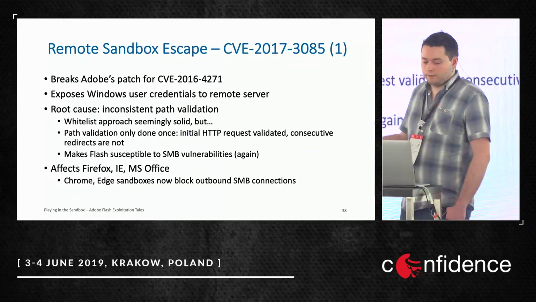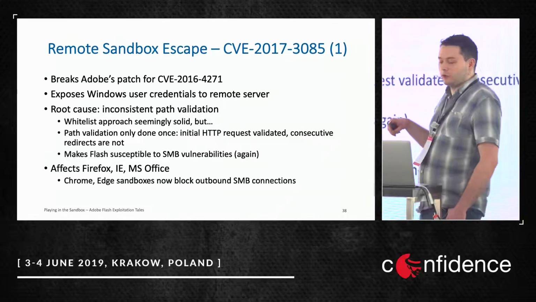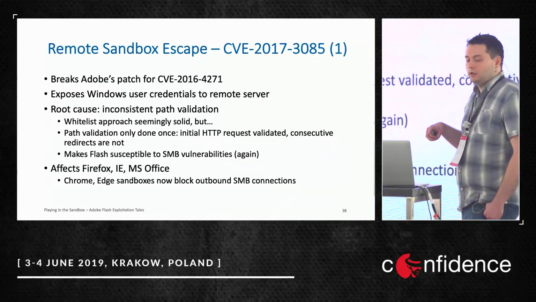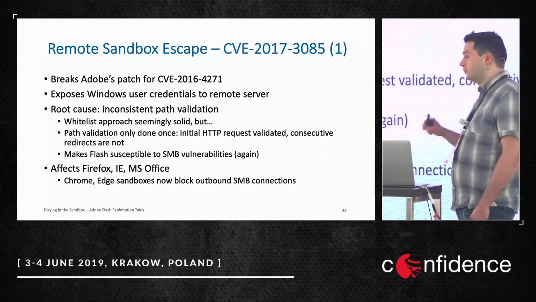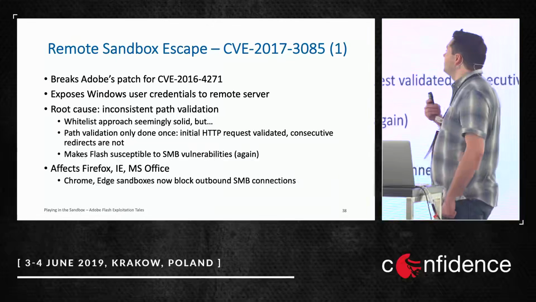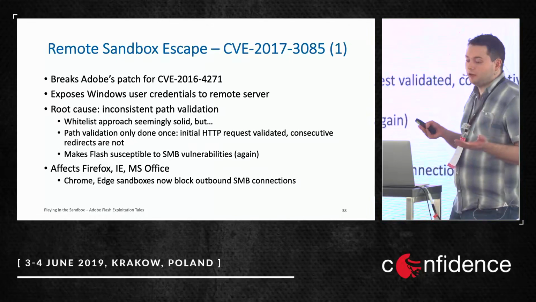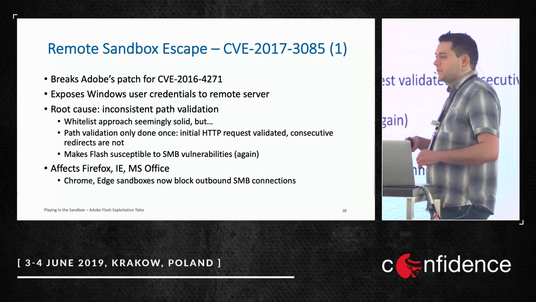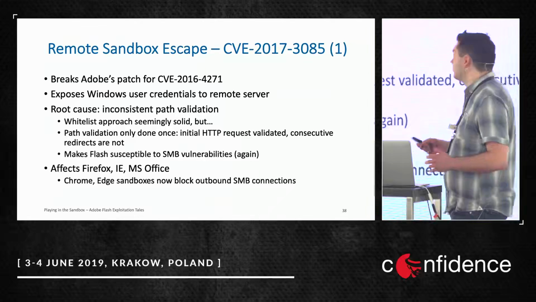So this vulnerability actually broke Adobe's patch for the former vulnerability, and it exposes Windows user credentials to the remote server. And it turns out that the problem basically is inconsistent path validation. This whitelist approach is seemingly very solid, but the check is only done once, and it's not being applied to any redirects.